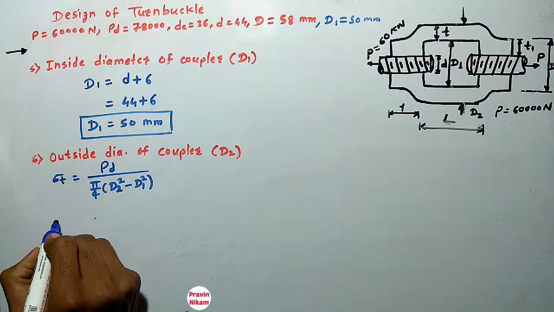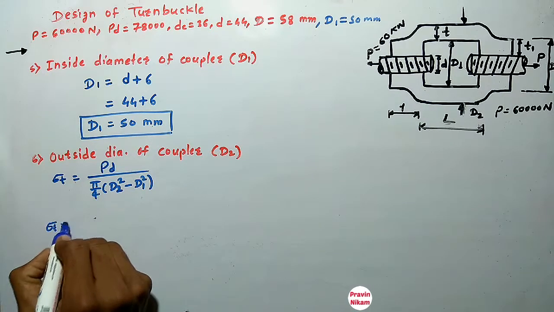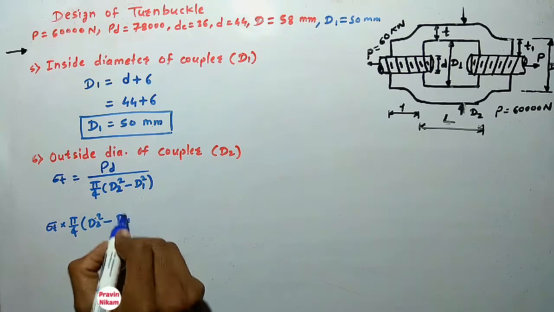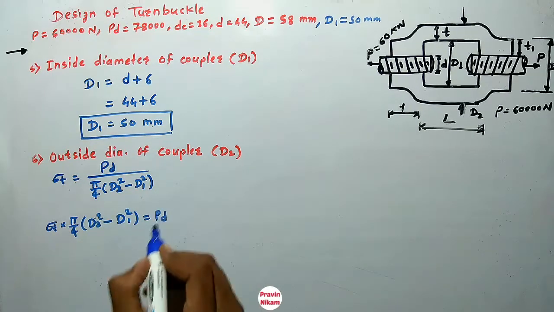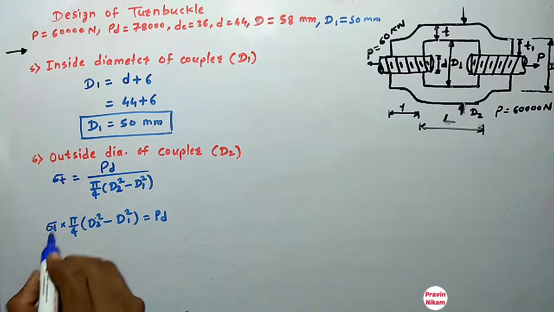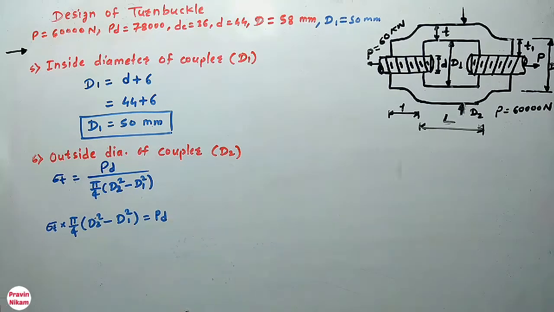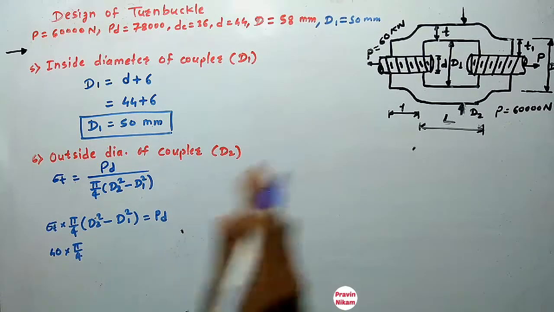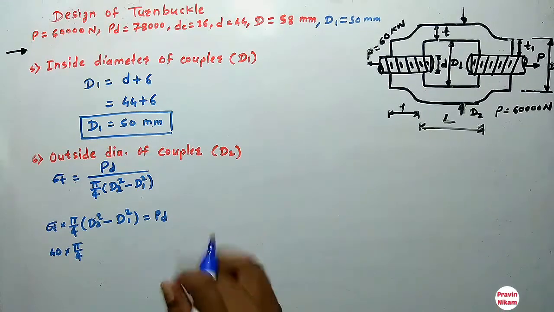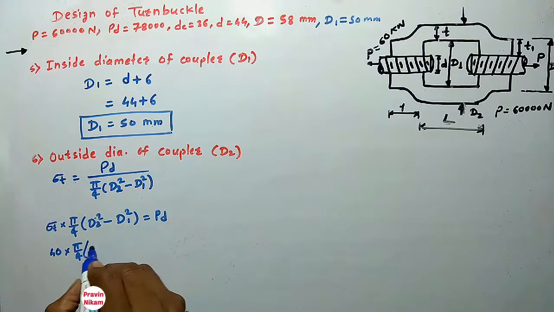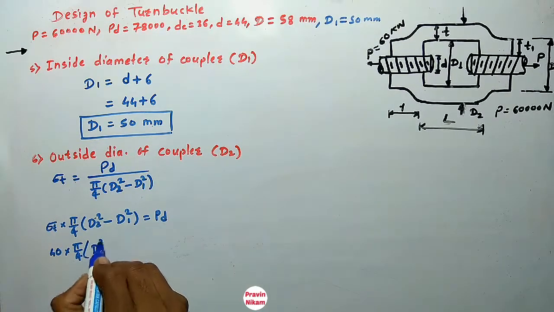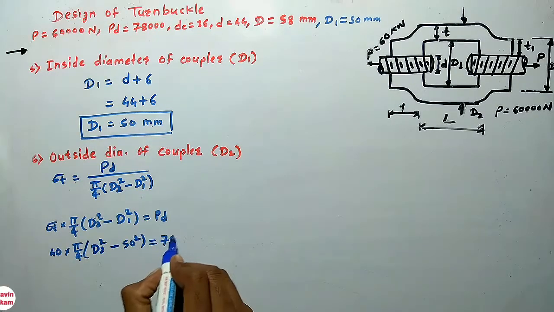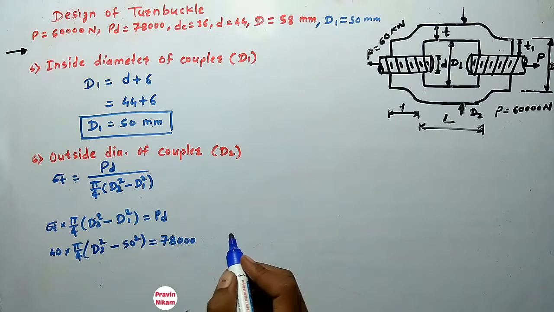So in the same way, sigma T into pi by 4 (D2 square minus D1 square) is equal to PD. Put the values. So for coupler, sigma T is 40 into pi by 4 into (D2 square minus D1, that is 50 square) is equal to 78,000.